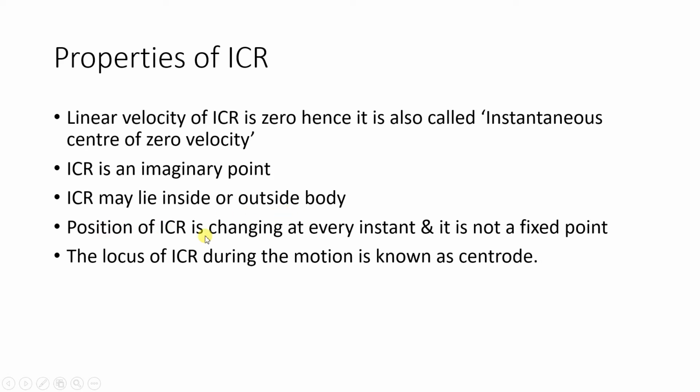The position of ICR is changing at every instant and it is not fixed. That is why it is called instantaneous center of rotation. At every instant, the position of I is changing. It is not fixed. And since that is changing, we will have different points, and the locus of that ICR during motion is called centroid.